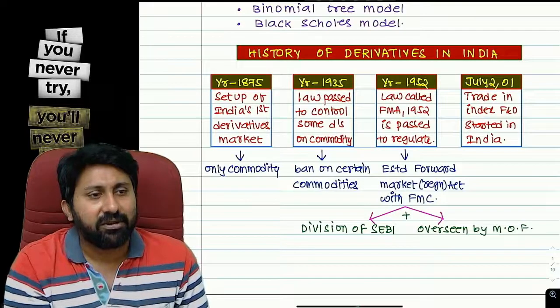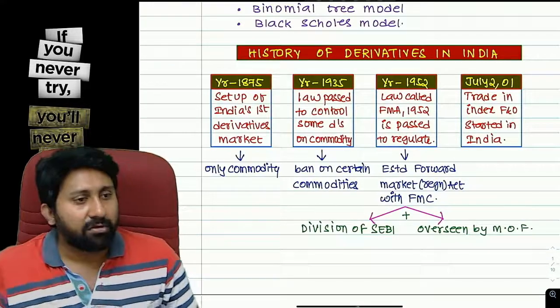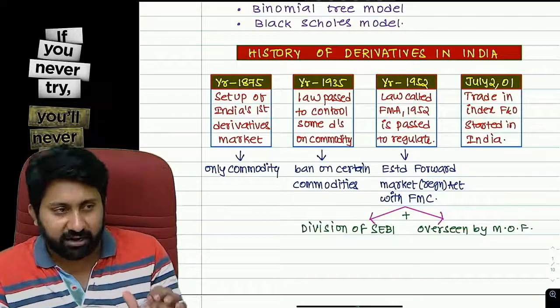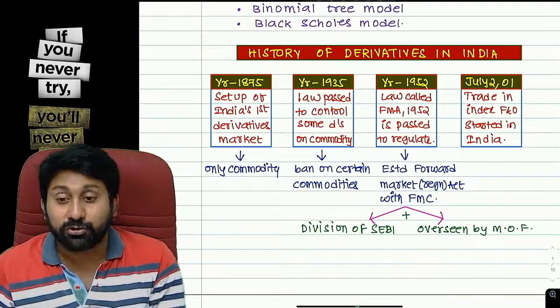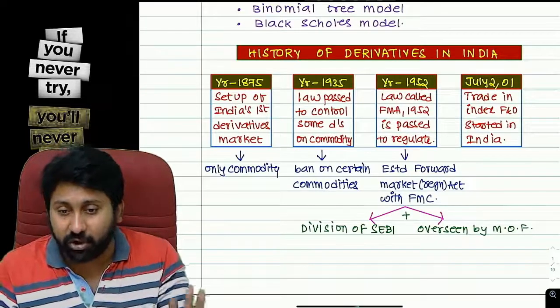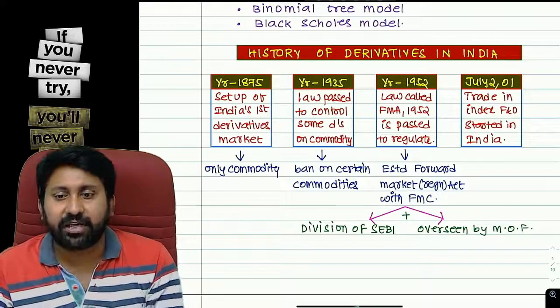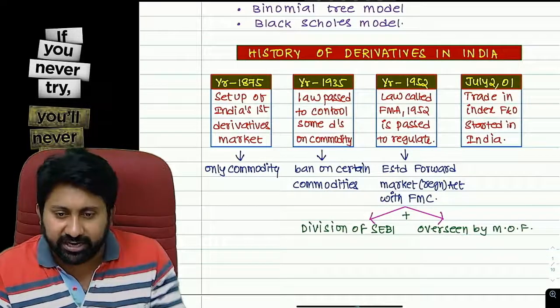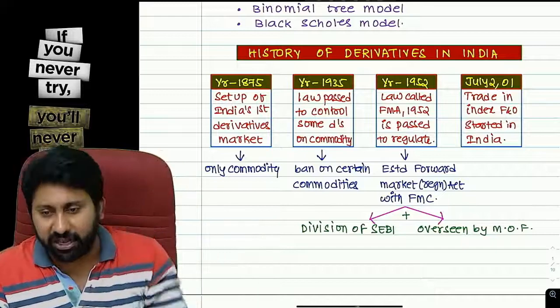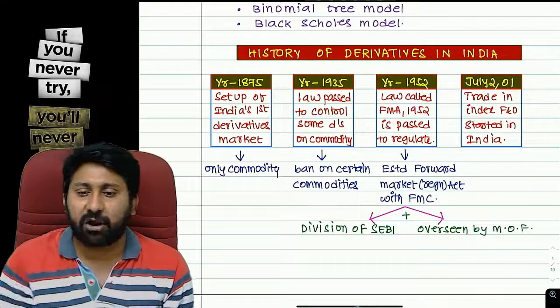What is a derivative? A derivative is nothing but we lock a price today itself for a transaction to happen at a future date. British officials used to trade in cotton, opium, indigo and other spices on the derivative segment in India. That means they lock a price today itself at which they will buy in the near future. So that's called commodity derivatives.